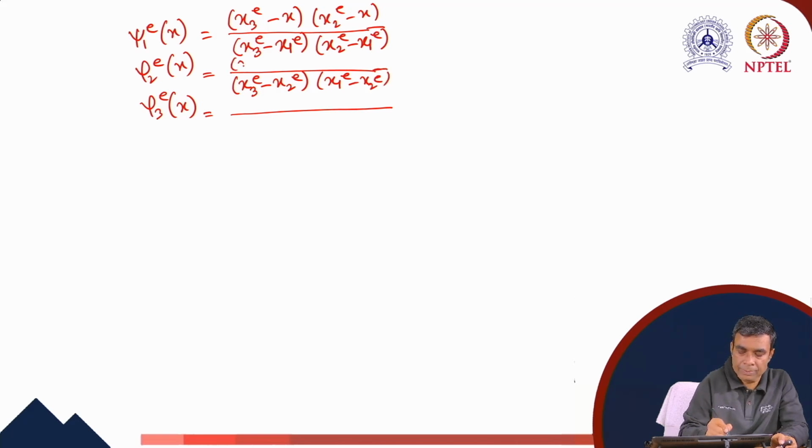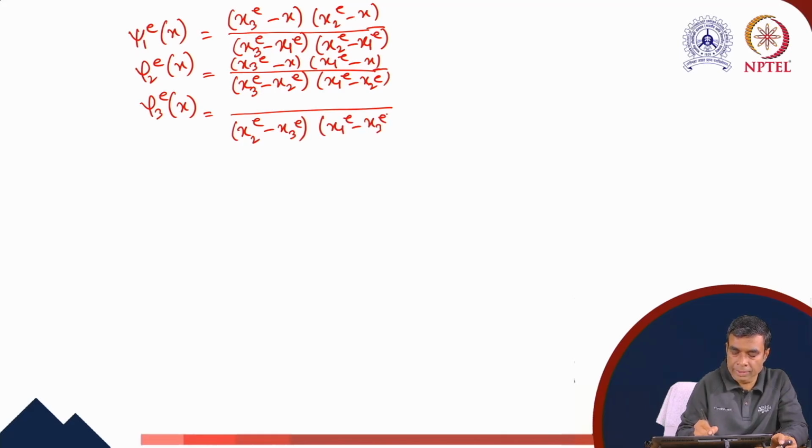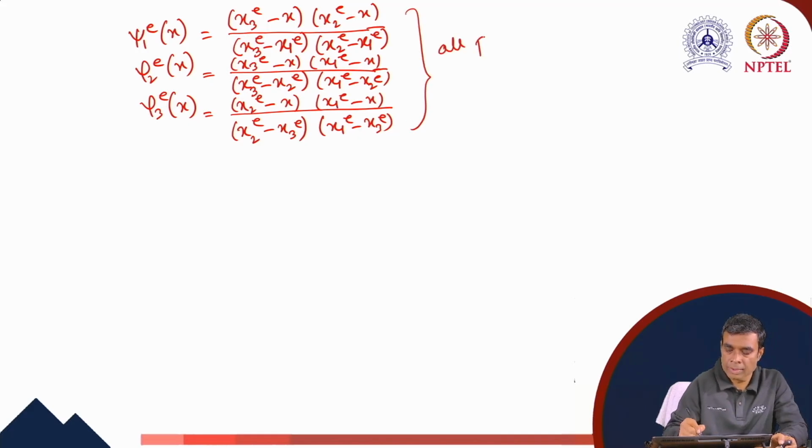Here we have x3e minus x into x1e minus x. Finally, here we have x2e minus x3e into x1e minus x3e. Here we have x2e minus x into x1e minus x. These are all parabolic curves.